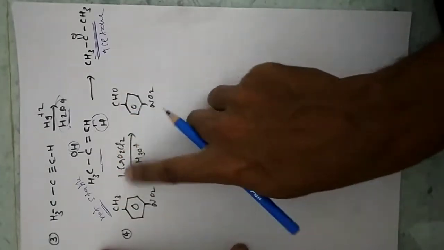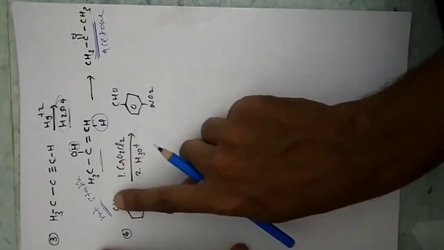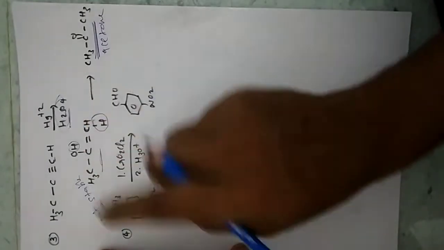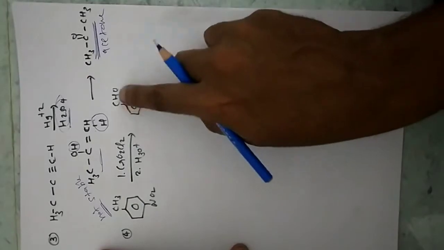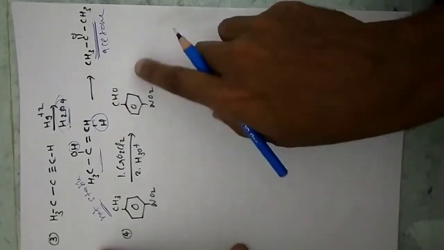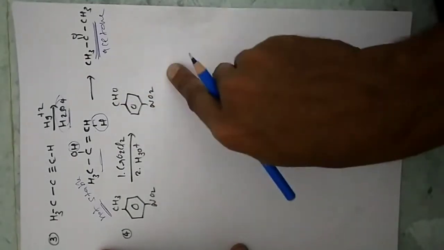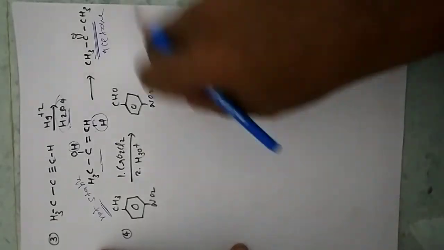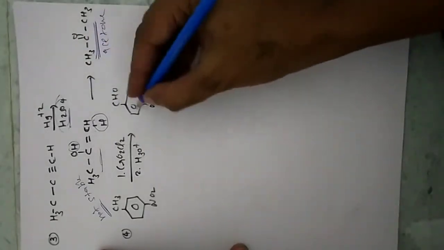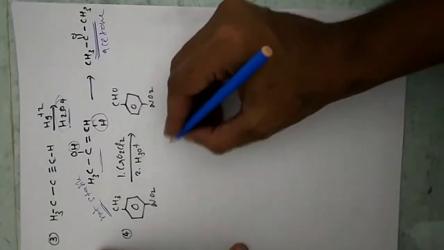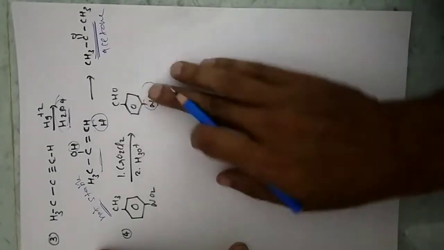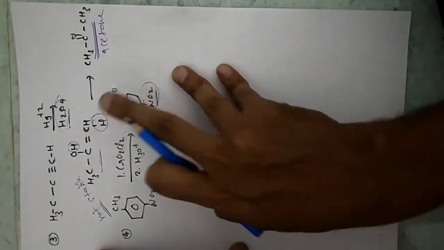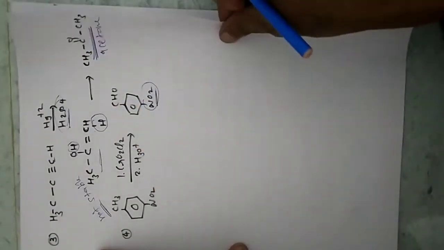It is an oxidizing agent, so oxygen will be added here, removing hydrogen. So instead of CH3 add CHO. The remaining part you write as such. Okay, what is the name of this compound? Para-nitrobenzaldehyde. You can see on the para position we have nitro, and this one is our benzaldehyde. So para-nitrobenzaldehyde.